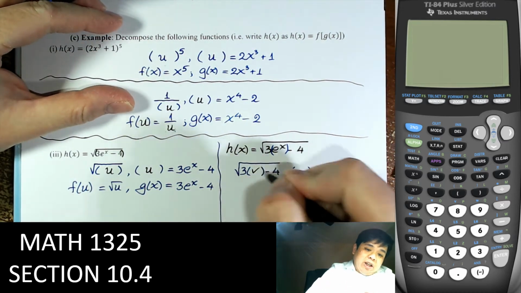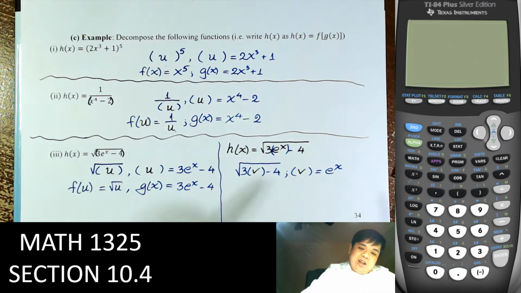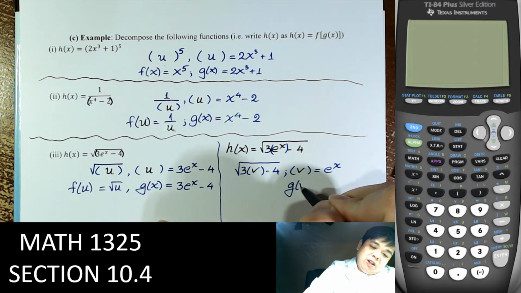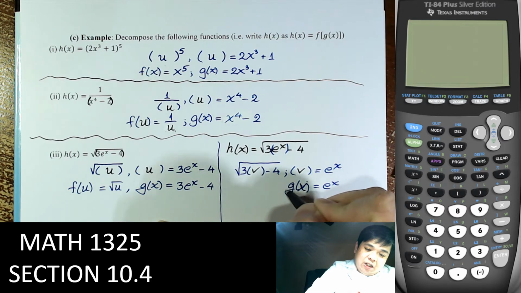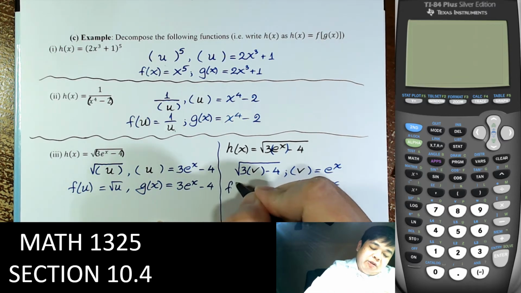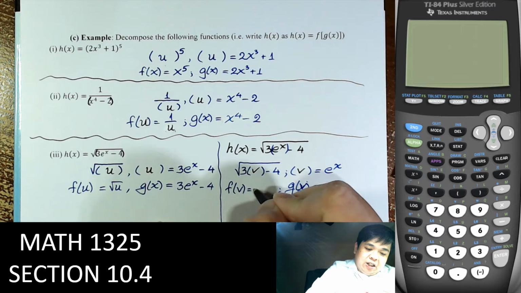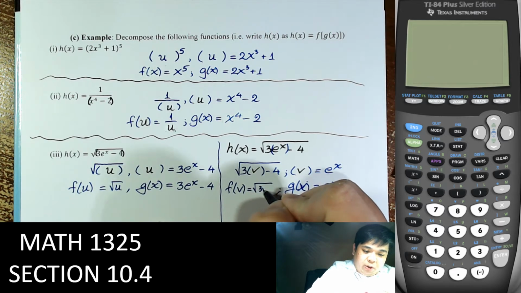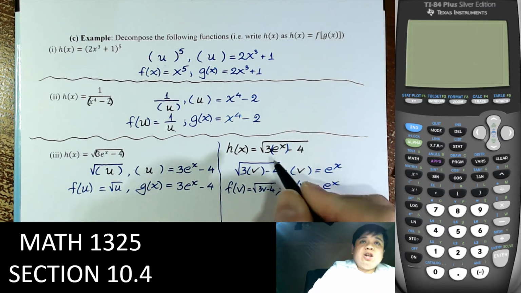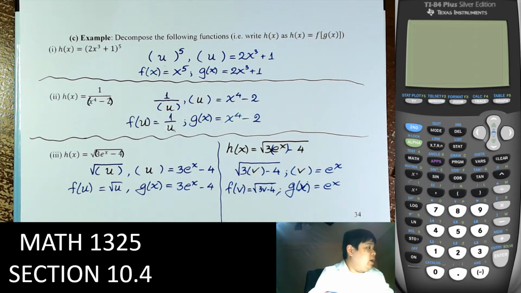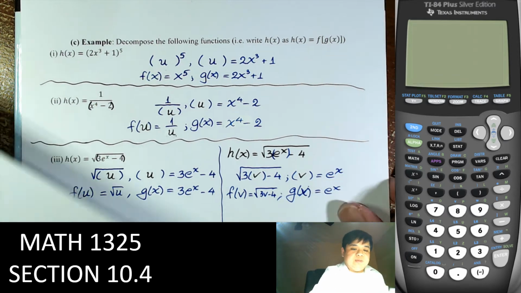You can say v. In that case, the second function in terms of x is e to the x, and the function in front of that is square root of 3v minus 4. It just doesn't matter what we choose the parentheses to be. That will be the second function, and from that we have the first function.